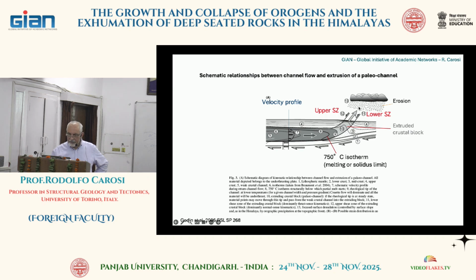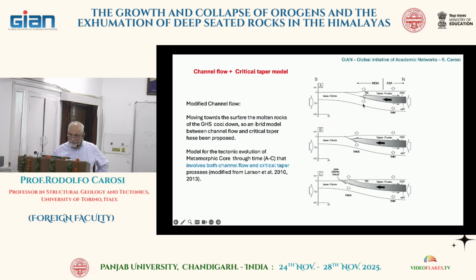aided by erosion. Some people, such as Larson and Hadar, a Canadian geologist, proposed a modification of the channel flow, including the channel flow in the critical taper model. So they more or less adopted a model similar to Webb for the South Tibetan detachment, that is a backthrust, in fact, not really a normal fault.